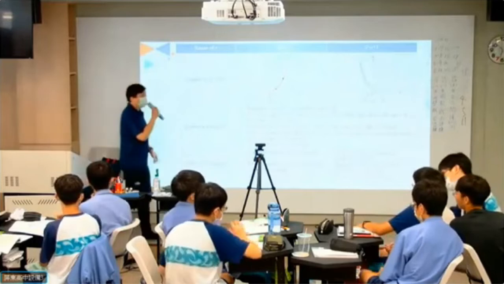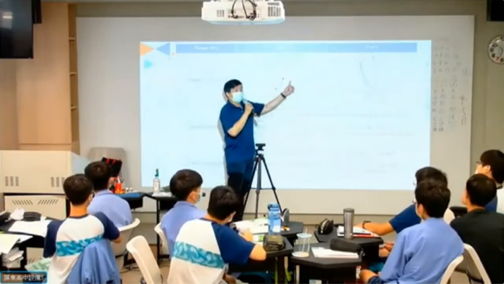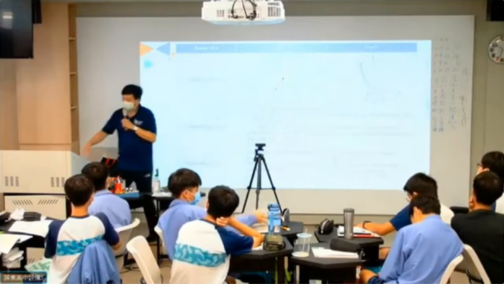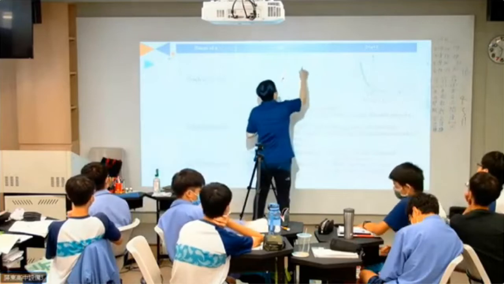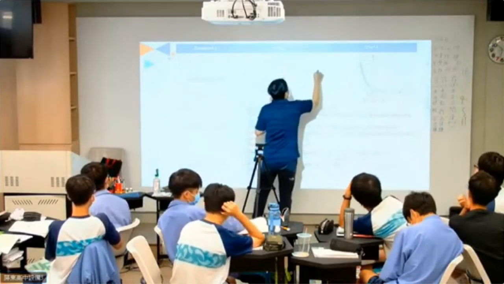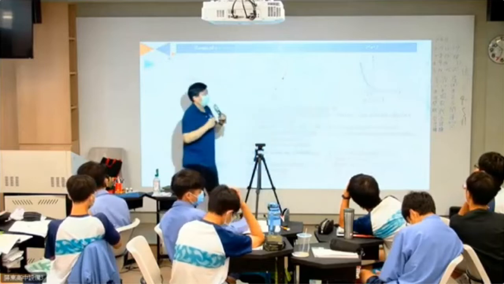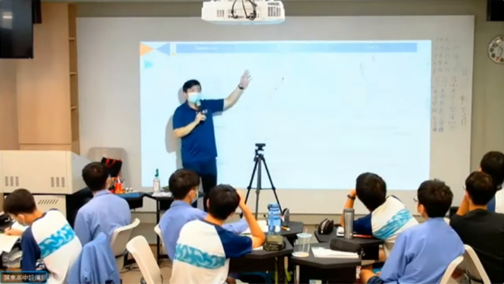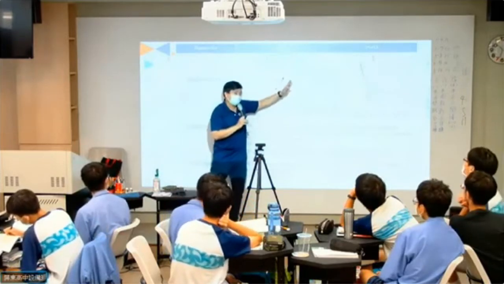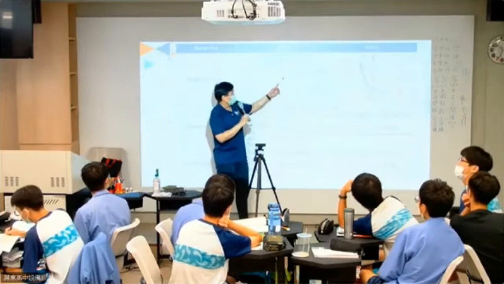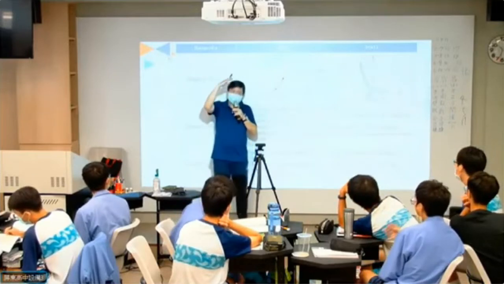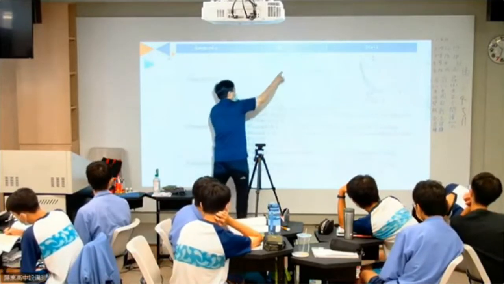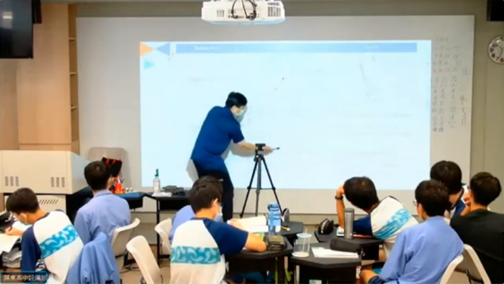Very good. Okay, if we pick any two points on the graph, if the line segment always lies above the graph of the exponential function, we say this kind of graph is concave upward.